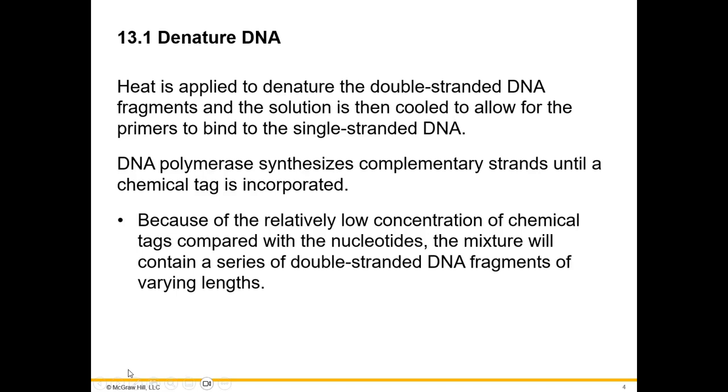In that process, DNA polymerase is the enzyme that is synthesizing our complementary strand until the chemical tag is added. Also, because of the relatively low concentration of our chemical tags, compared with the high number of nucleotides we've added, the mixture will contain a series of double-stranded DNA fragments of varying lengths, because it's all going to depend on when that chemical tag is inserted.